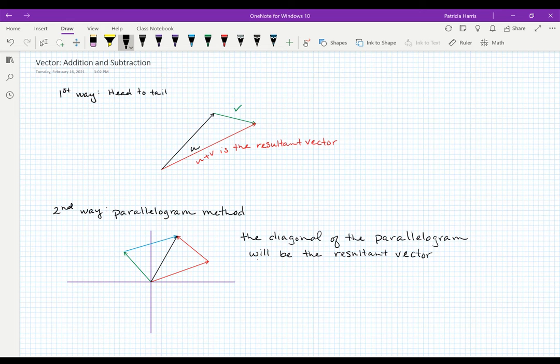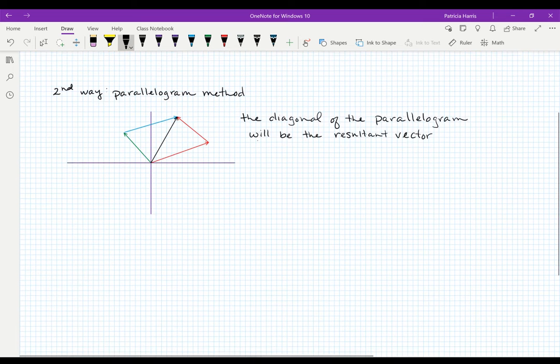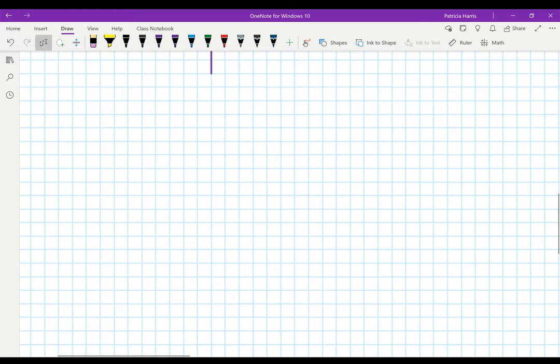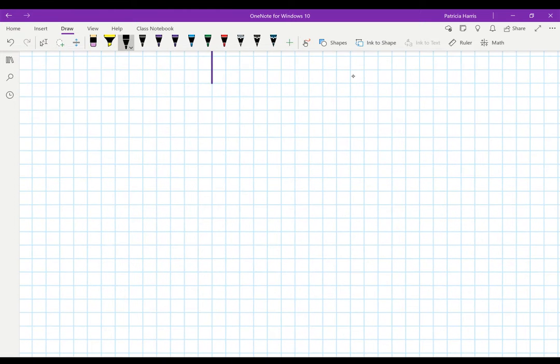Okay, so let's stop drawing pictures and actually try this out. I'm going to zoom in, make my graph a little bit bigger. So, example.